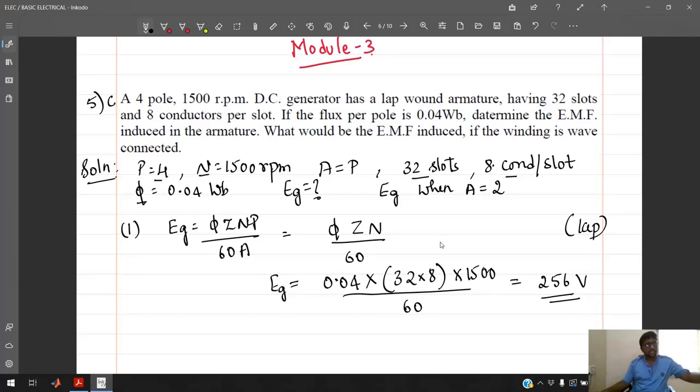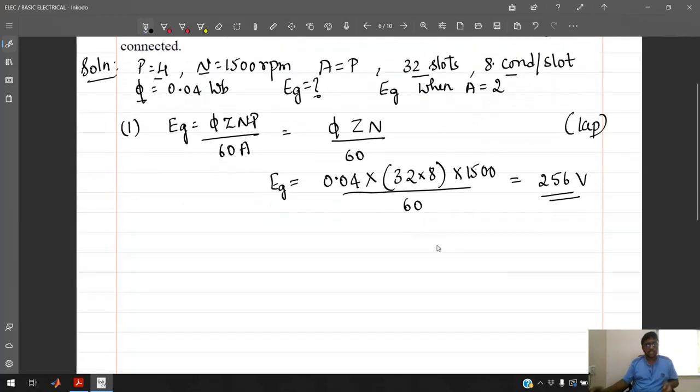Now the same we are considering when it is wave connected. So the second part of the question we are going to solve. EG is equal to the same formula phi ZNP divided by 60A. So I'll substitute this.